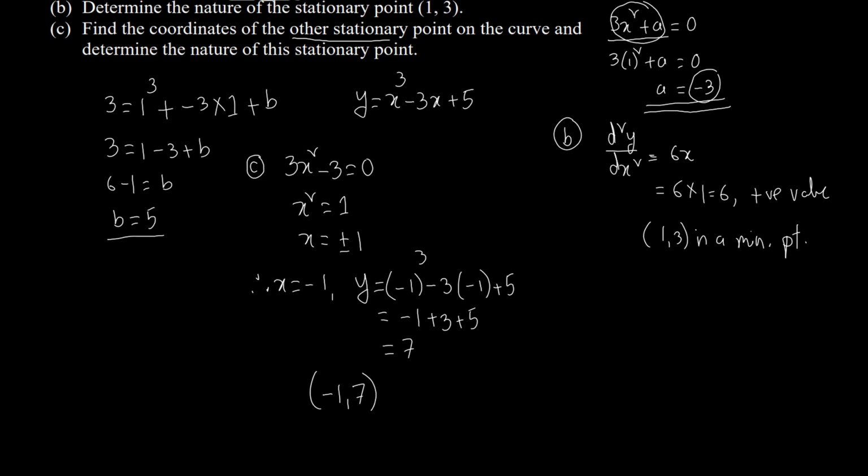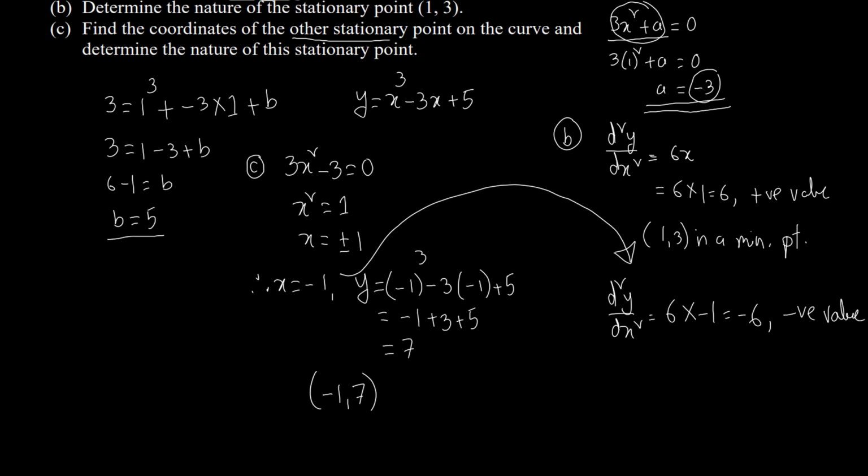Now to check whether the point is a minimum or maximum, we use the double differentiation, d square y by dx square. Putting x equals minus 1 gives us minus 6, which is a negative value. So we can say (minus 1, 7) is a maximum point.